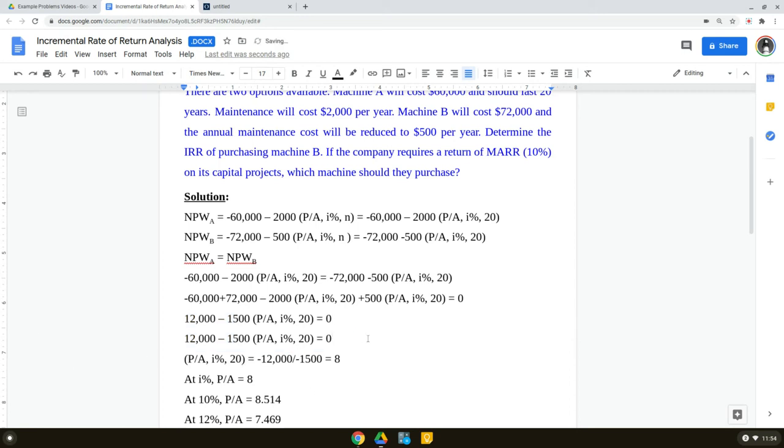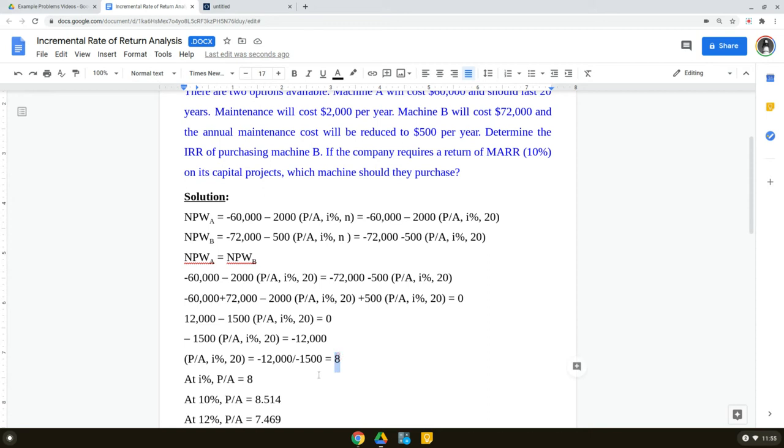So here I'm gonna subtract 12,000 from both sides, so this side will become 12,000 minus 12,000 will be 0, and this side will become minus 12,000, right? Then dividing both sides by minus 1500 will give us this expression. And then we simplify this, minus 12,000 divided by minus 1,500 is equal to 8.